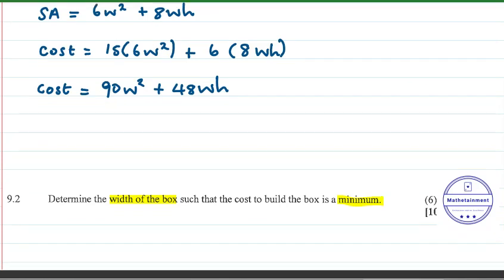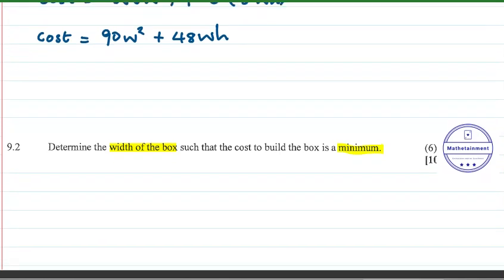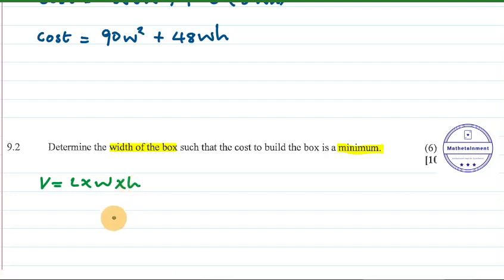First things first, we know the volume of the rectangular box. The volume of a rectangular box is length times width times height. And we know that the volume is 5. So it's 5, it's length times width times height.